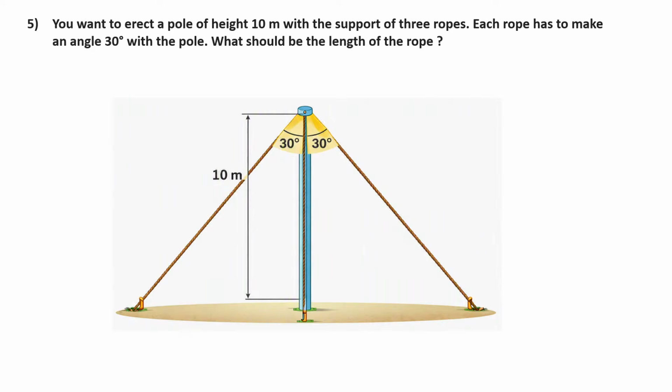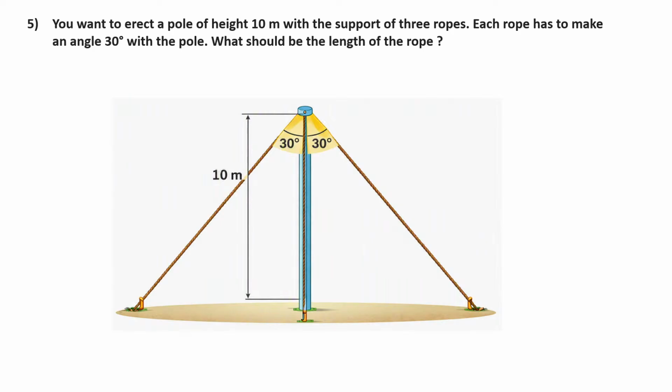That you must remember. Here one more thing we need to assume, that the lengths of the 3 ropes are the same. So we find the length of one rope so that the remaining two ropes also have the same length.